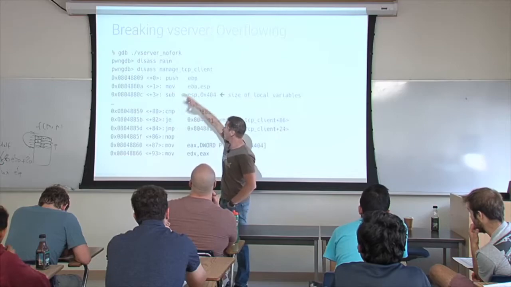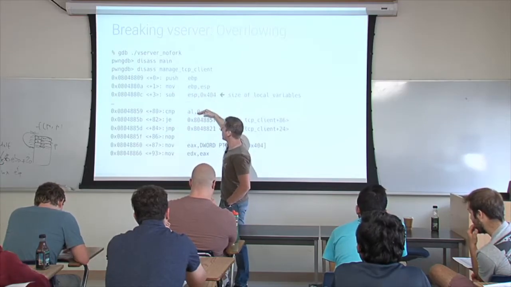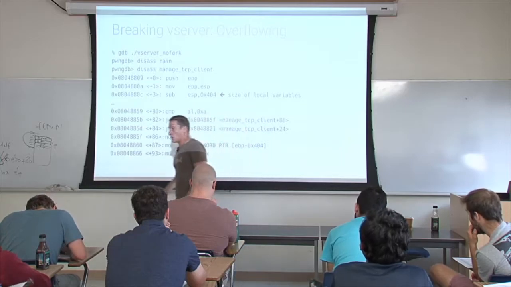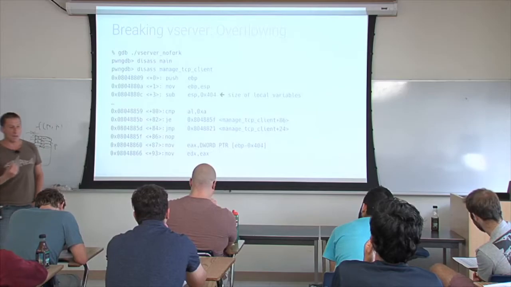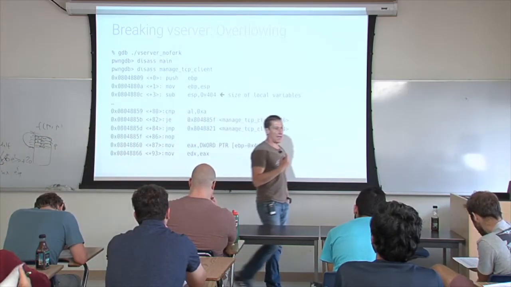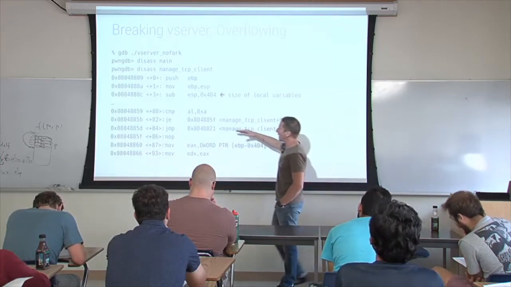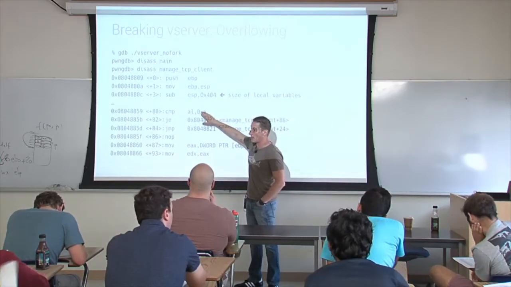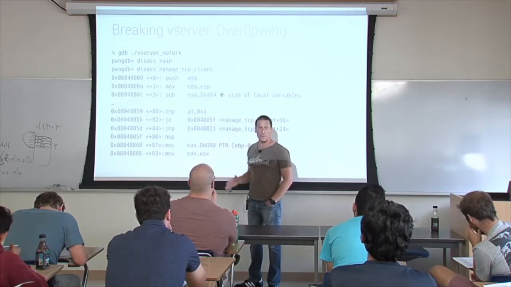So you recognize that there is a loop that is terminated when a newline is read. The basic idea is you look at the code and you understand that there is a loop and that there is a condition that does not depend on the size of the buffer. This is a good indication that there is some kind of buffer overflow.